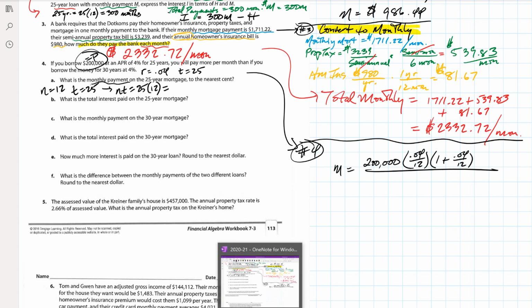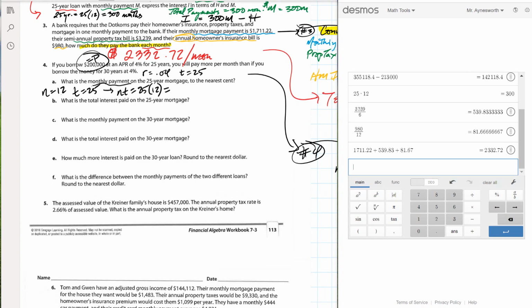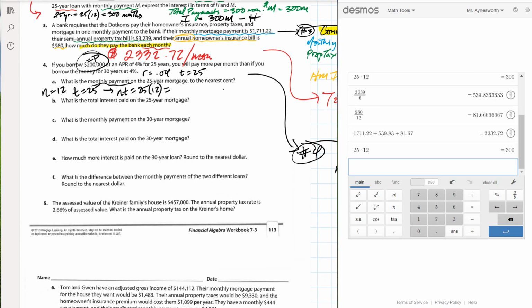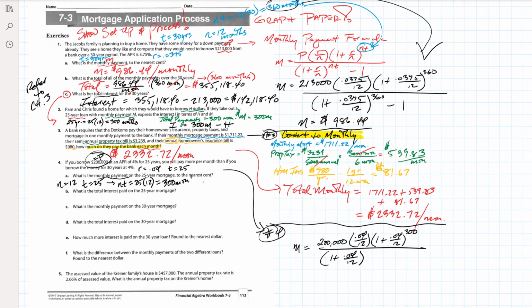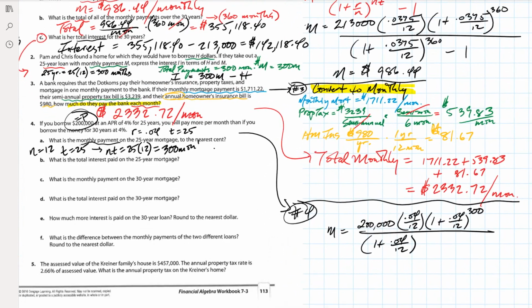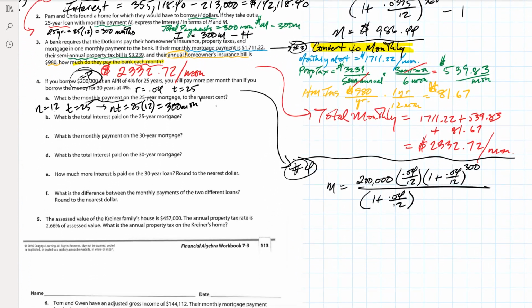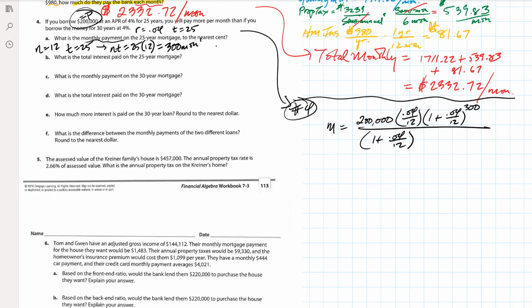You guys know what that is? 25 times 12 is 300. Okay, so there are 300 months. So you're going to raise it to the 300th power, divided by 1 plus 0.04 divided by 12, just like the previous problem, right? You guys have to go back to what I did earlier and understand what I did, because guess what? We're doing it again. You're supposed to take what you learned and apply it to the new stuff. All right, raise it to the same power and then minus 1.